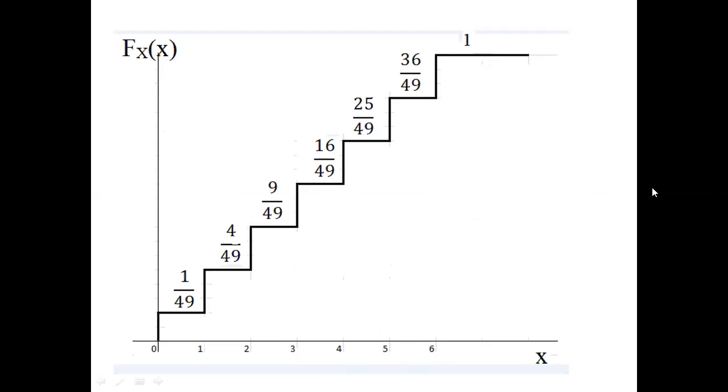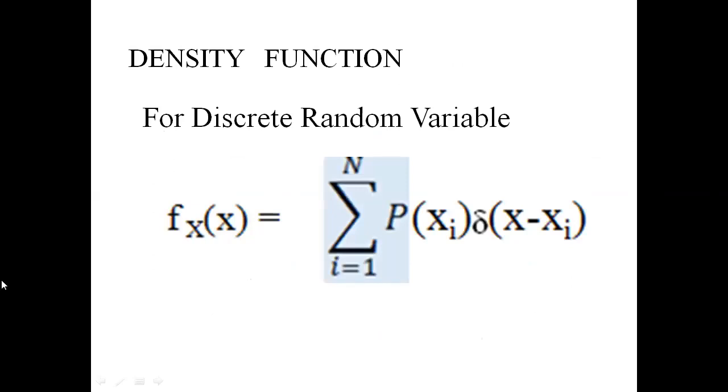Next, the required value is the density function. For discrete random variable, the density function is small f(x) of x, that is equal to summation i equal to 1 to n p of xi del of x minus xi. Here del means this is an impulse function. So here the events are from x1 to x7.